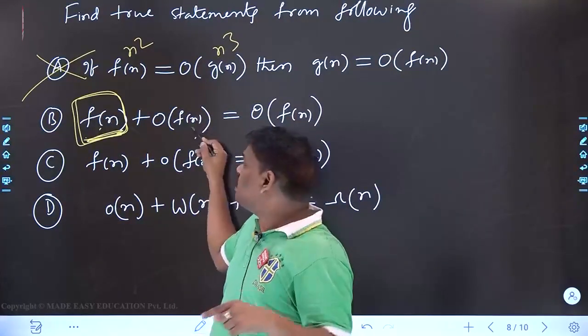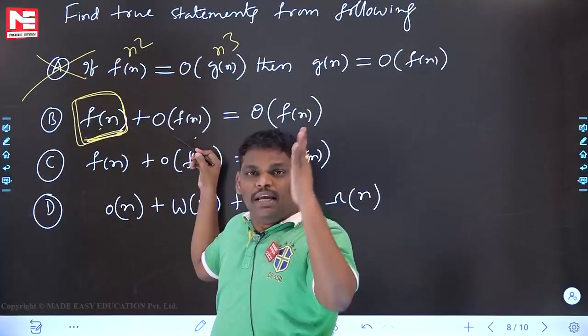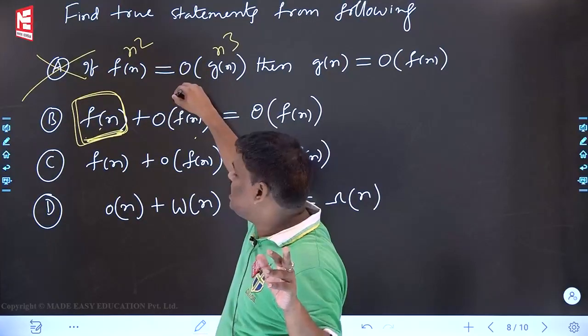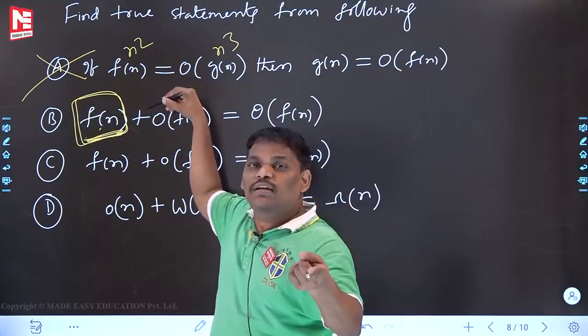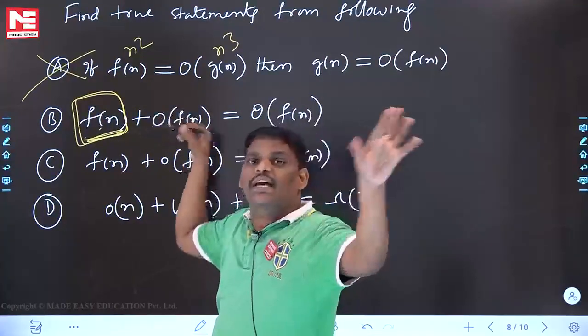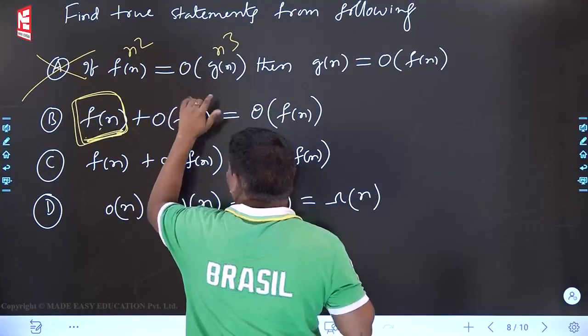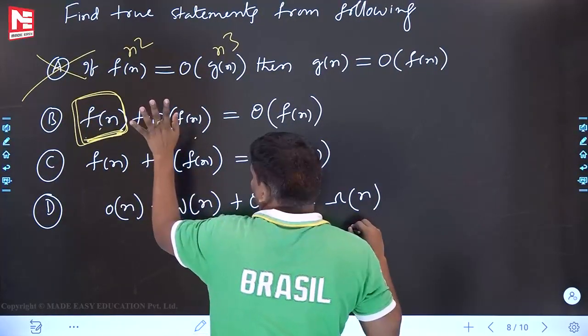If the upper bound is f of n, the actual should be either f of n or less than f of n. This first one is f of n confirmed, but in the second area, it is either f of n or less than f of n, because it is upper bound.